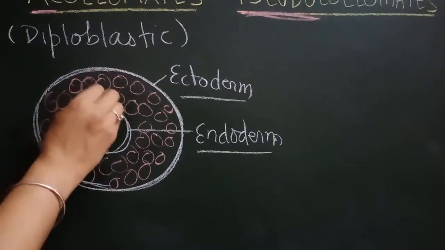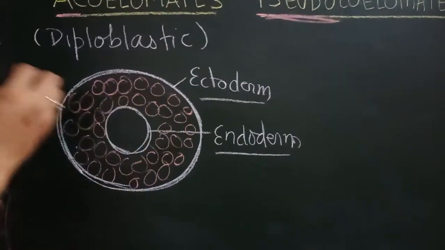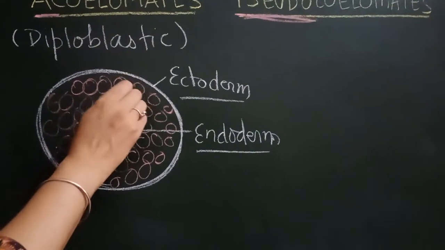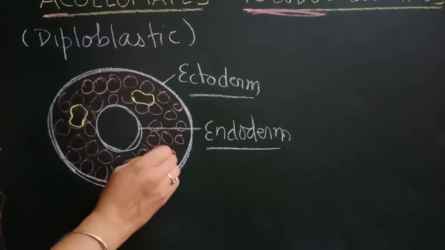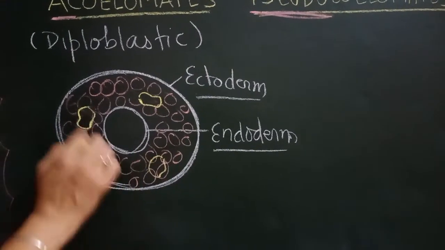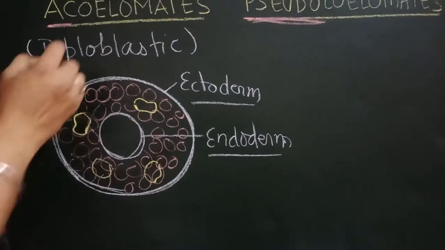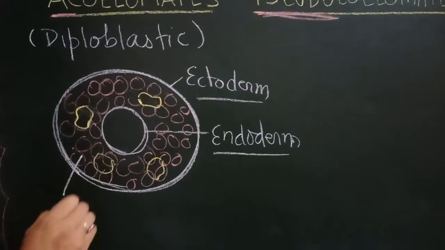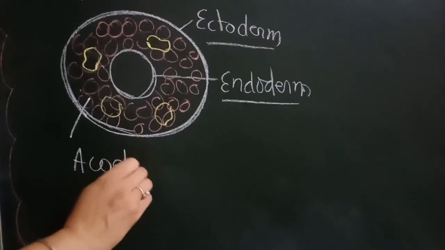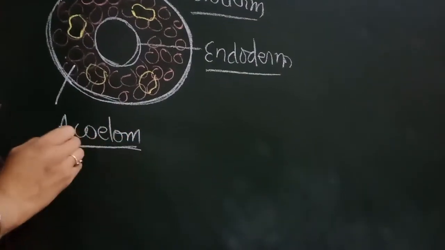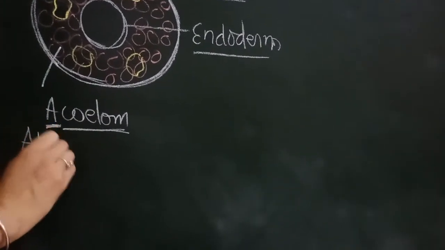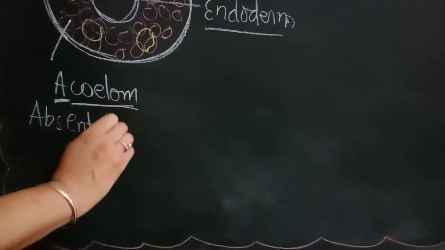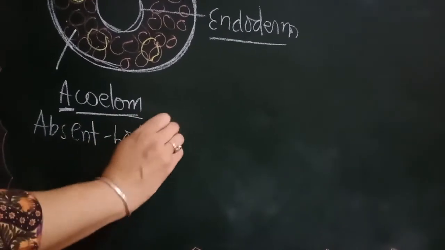The organs are fitted inside this. So the organs may be fitted inside these tissues. So there is no space. So such a condition is called acoelom. Coelom, that is body cavity, is absent. So body cavity is almost absent.